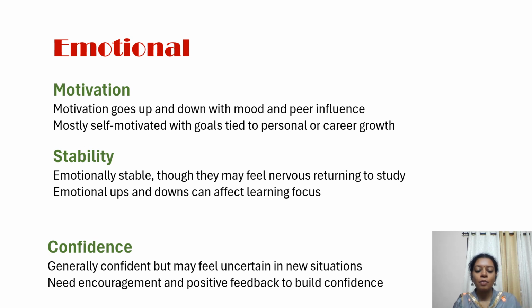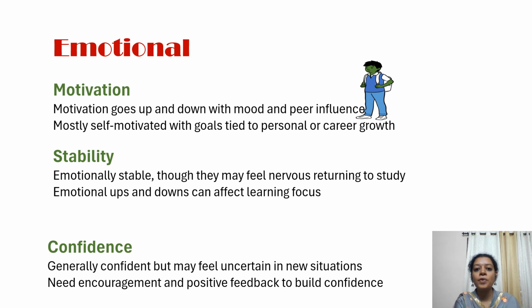And coming to the emotional aspect. First one is motivation. So motivation goes up and down with mood and peer influence. Adolescent or adult learner? Can you tell me? Second point, I will read you. Mostly self-motivated with goals tied to personal or career growth. Who? The first point is about adolescent, right?